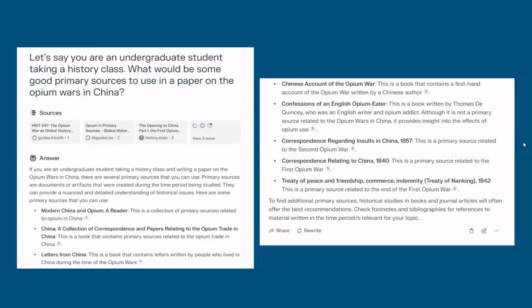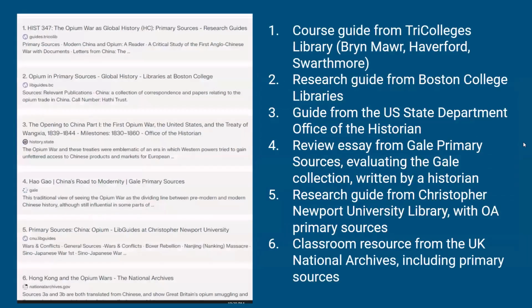And so then the next thing I wanted to do was take a closer look at the actual sources they were using. And it was pretty interesting because a lot of these are library guides. They have library guides from Tri-College's library, Boston College, from Christopher Newport University Library, which actually I now know has a range of excellent LibGuides.